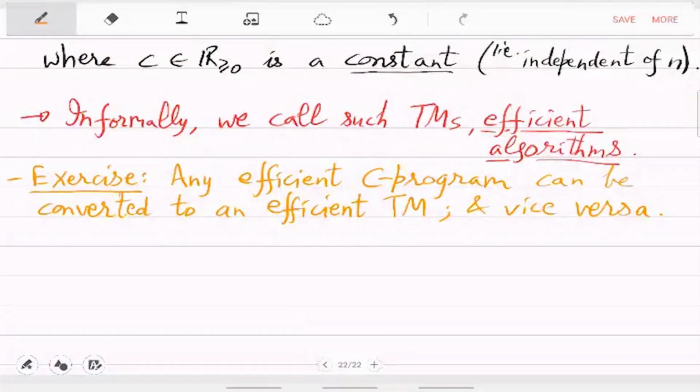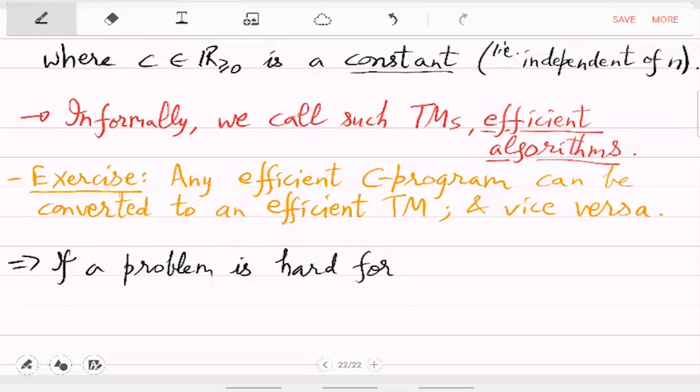So what this means is this is kind of an efficient version or variant of Church-Turing thesis, if you will, that all these realistic computations which are fast, they are fast because the Turing machine implementations are also fast. So thus, if a problem is hard for Turing machines, then it is also hard in real life.